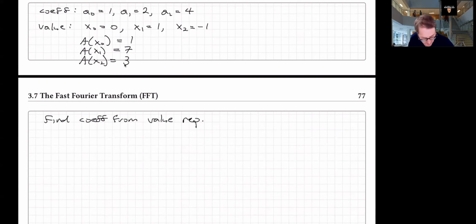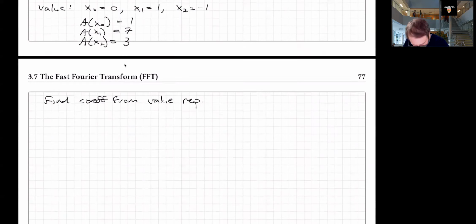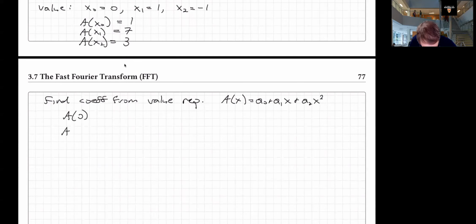from the value representation, I want to find an a of x of the form a0 plus a1x plus a2x squared, right? And so the things I'm given are a at 0, a at plus 1, and a at minus 1.